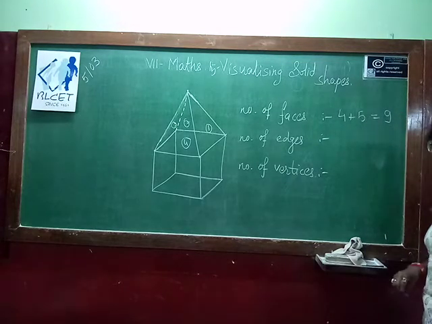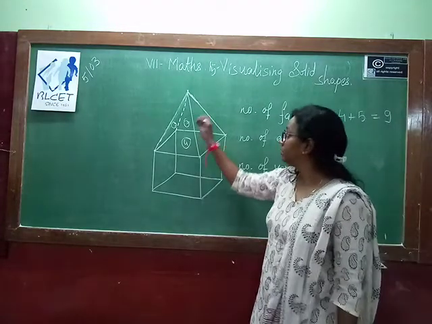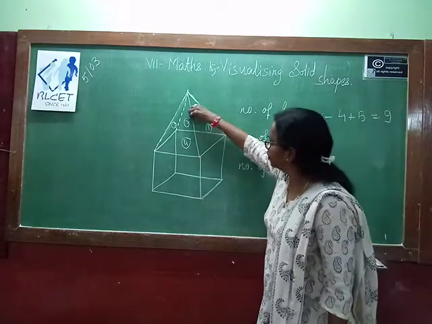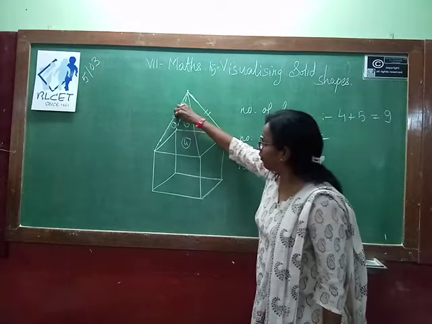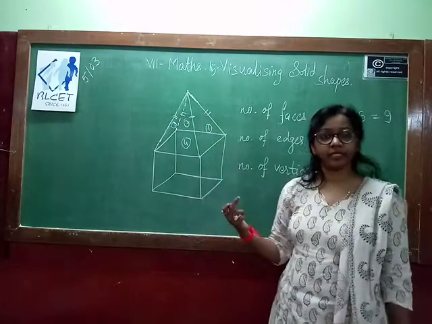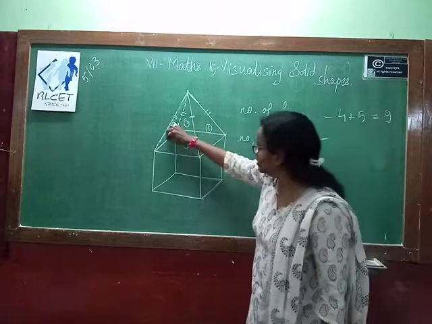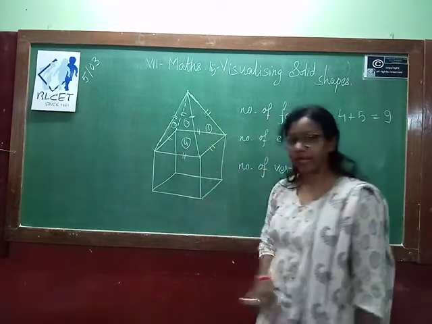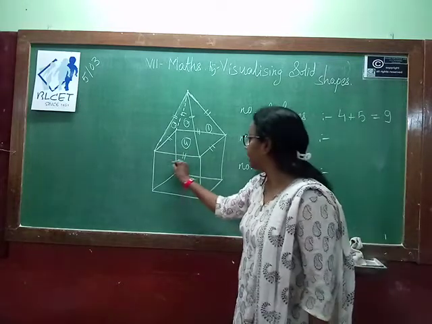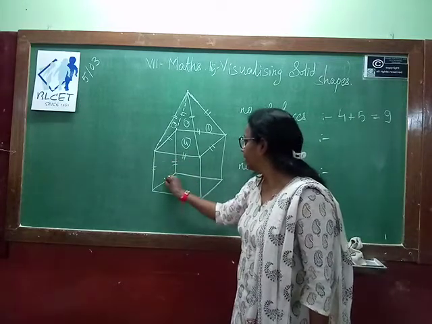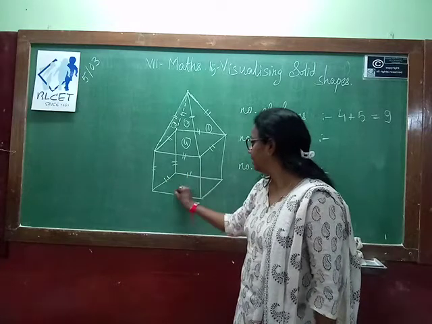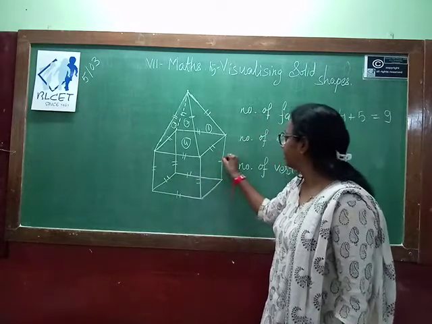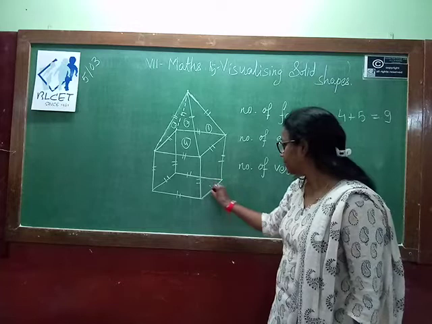Now the number of edges. So count 1, 2, 3, 4. So 4 lateral edges of the pyramid. 4, then this one 5, 6, 7, 8, then 9, 10, 11, 12, 13, 14, 15 and this one 16.